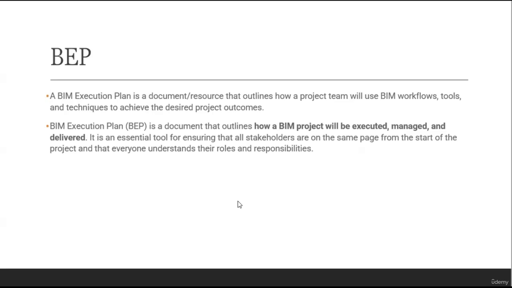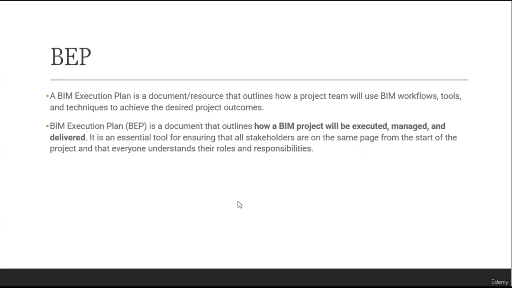How can we build a BEP? We can start by gathering information about the project, such as the scope of the work, the schedule, and the budget. Then we can have a list of key objectives for the project. Next, identify how BIM can help to solve these objectives. The roles and responsibilities of those involved can be determined in the BIM execution plan as well.